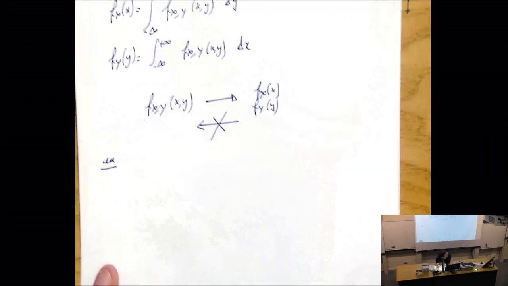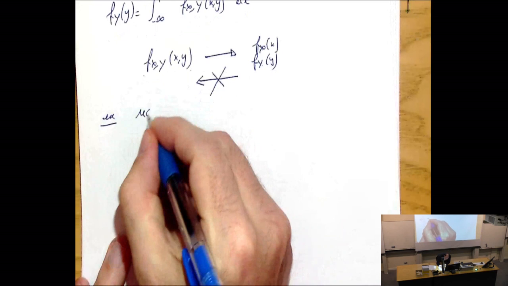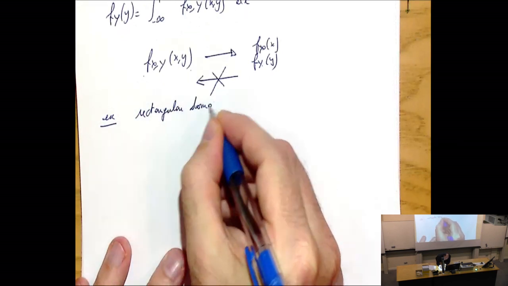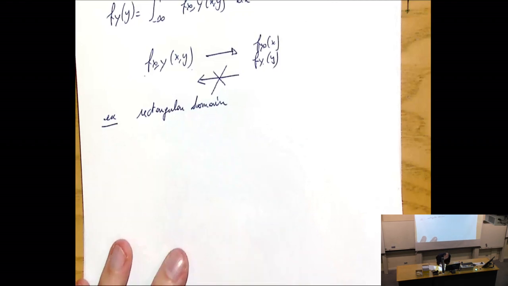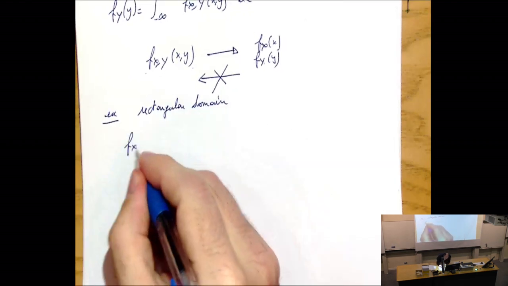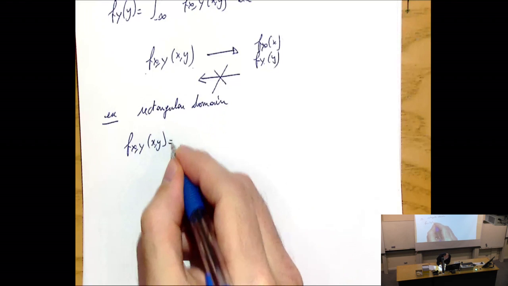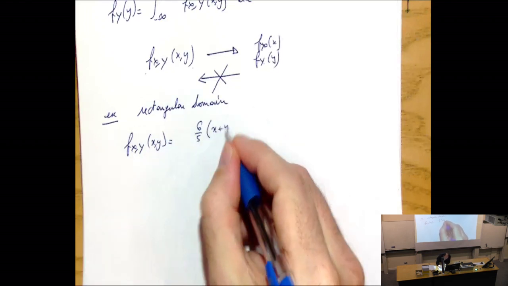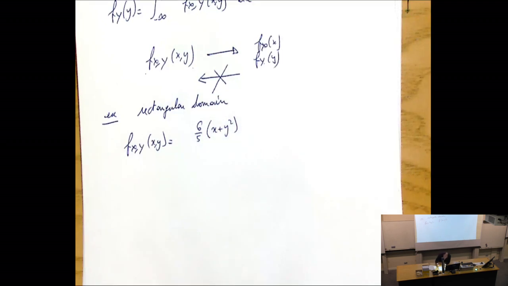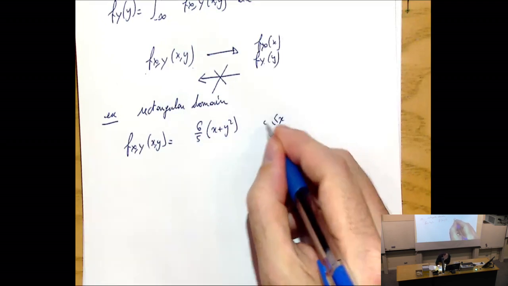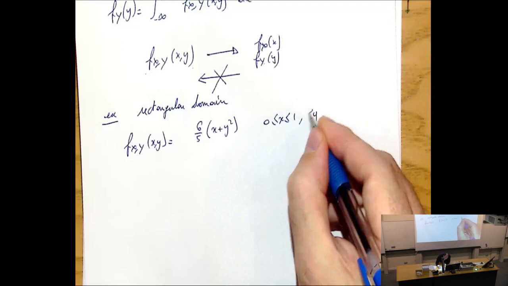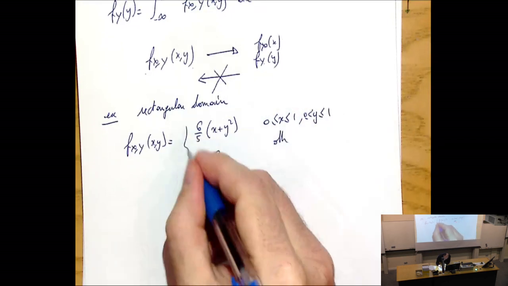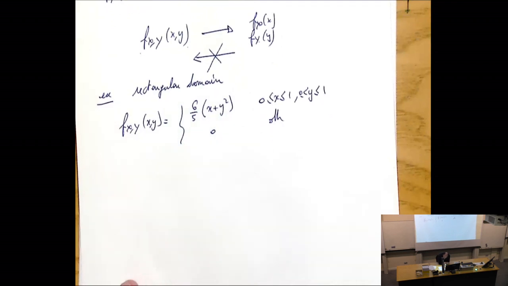So I have a rectangular domain, and I have a joint probability density function that is given by essentially the example I was just giving earlier on, where indeed the domain for x and y is a square, right?